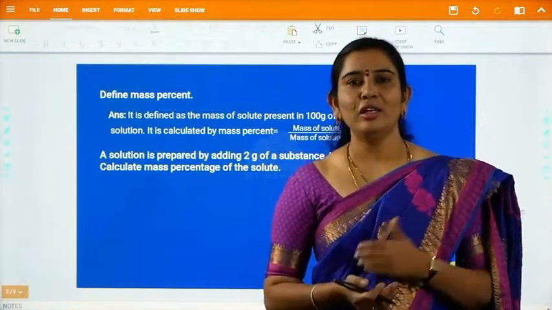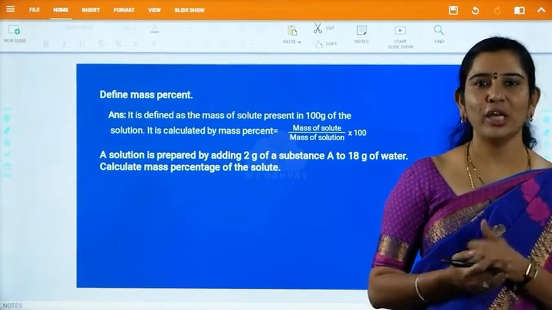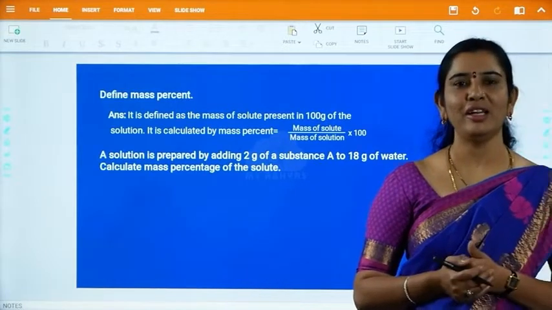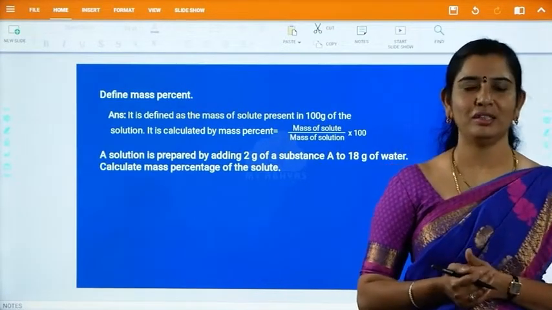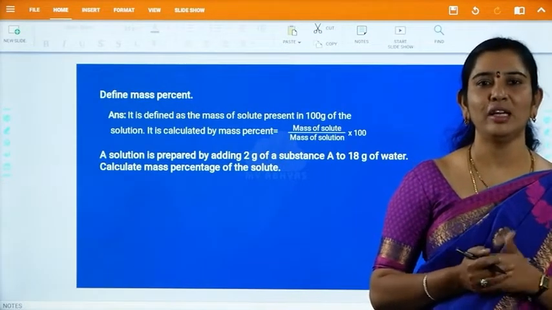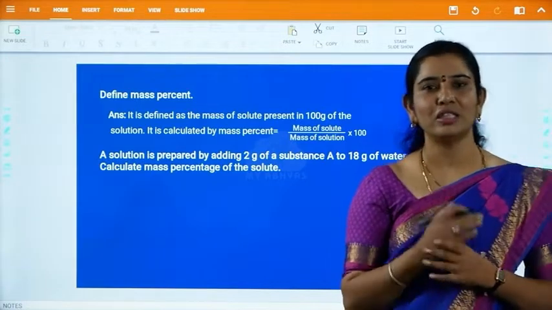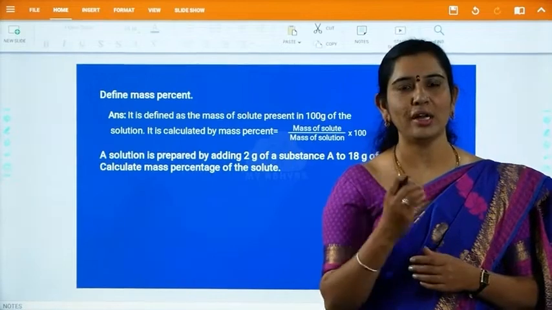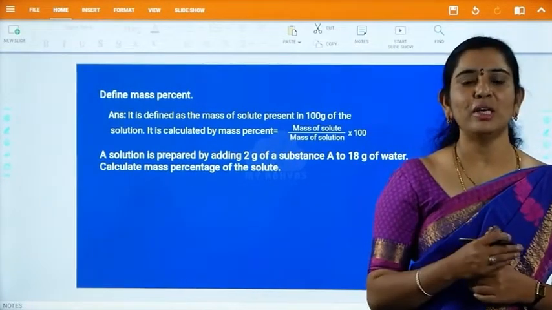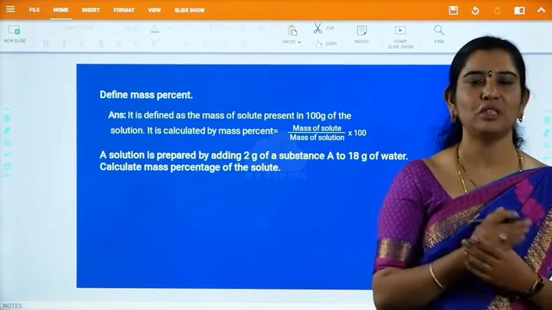Stoichiometry is of two types, as I told in session 5: one is gravimetry and the second is volumetric analysis. In volumetry, by measuring the volume of the standard solution required to react completely with the test solution, you can determine the amount of substance present in the given sample solution.